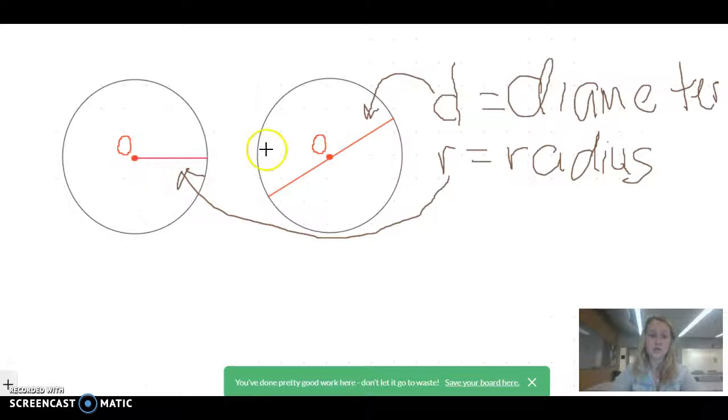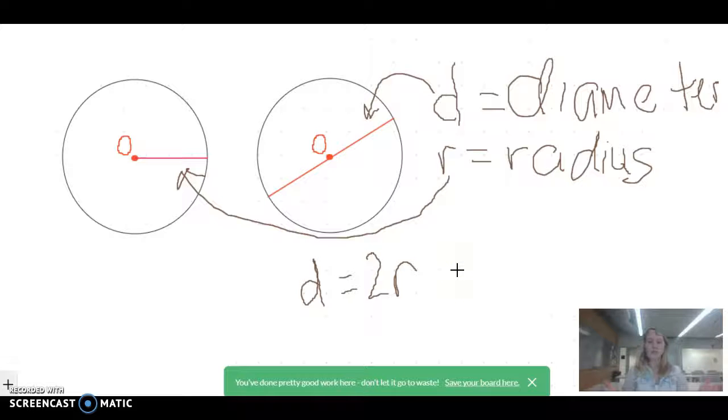Remember, it takes two radiuses to make up our diameter. So if we were to write some sort of arbitrary formula for that, we could write D equals 2, because we need two radiuses to make up our diameter, times R.